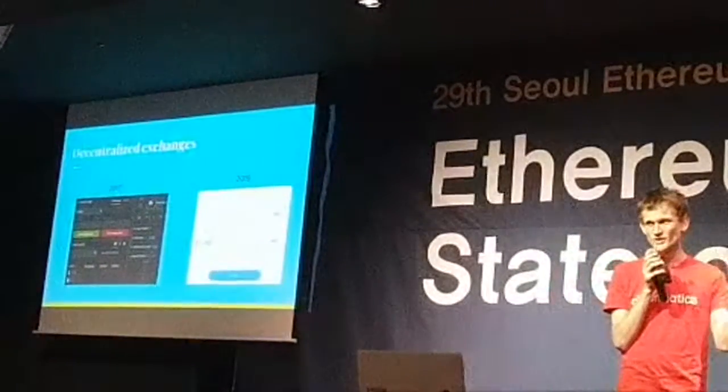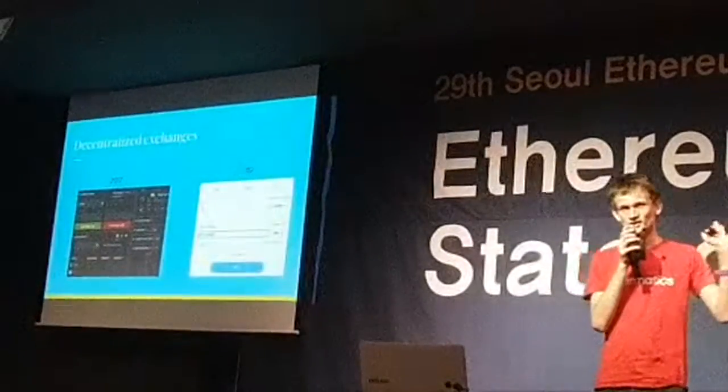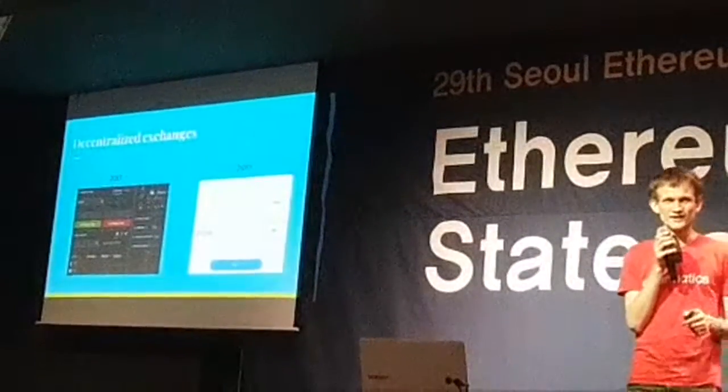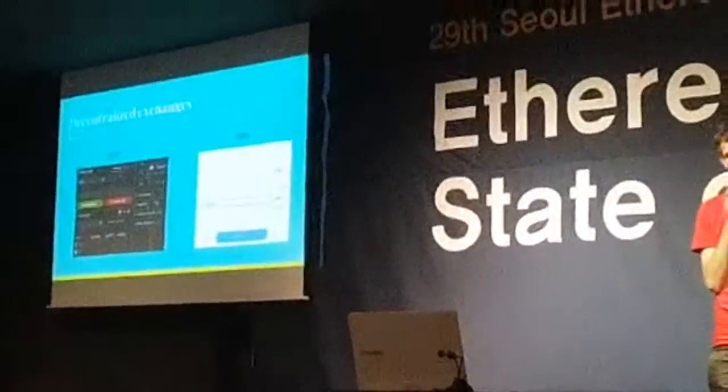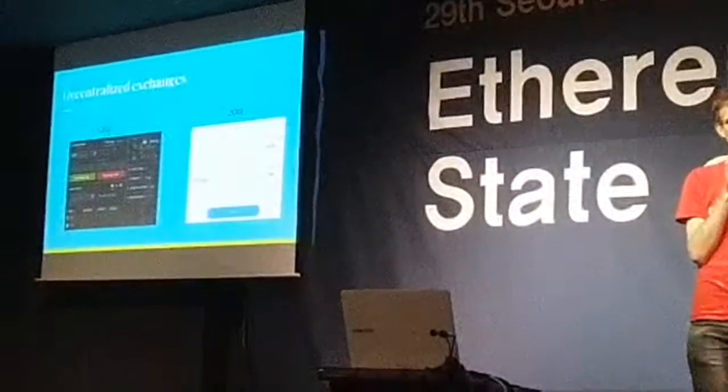So decentralized exchanges. On the left, you have a decentralized exchange and what it looked like in 2017. And I remember I tried to trade with some of these platforms in 2017.